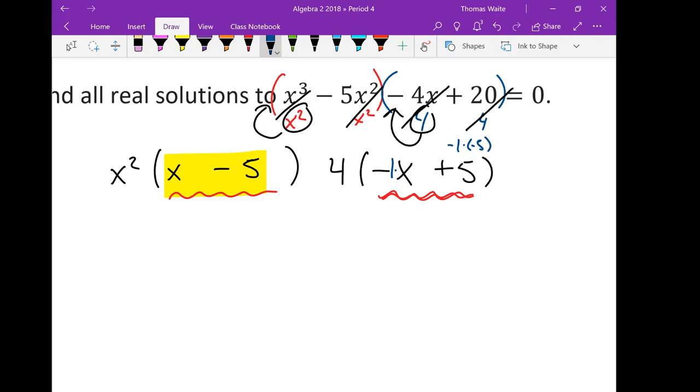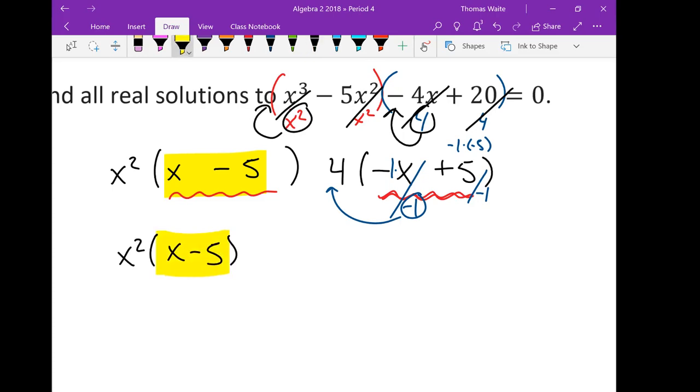So let's do that. I can pull out a negative 1 from both of these. So hopefully that'll help. Divide out a negative 1. What I divide out, I'm going to have to put out front. So this is going to be an x squared, still times an x minus 5. And that's what we want this one to look like when we're done. When I pull out a negative 1, it's a 4 times a negative 1, so it's going to turn into a negative 4 out front.